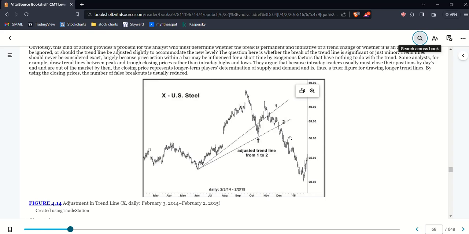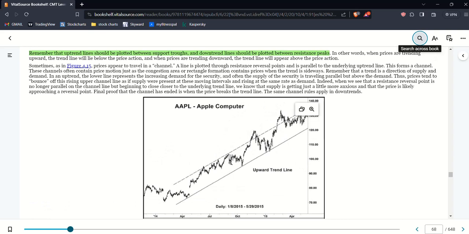Closing price represents longer term players, determination of supply and demand, and is thus a truer figure for drawing longer trend lines. Channels. Uptrend lines should be plotted between support troughs. An uptrend line is drawn between support troughs. Downward trend line should be plotted between resistance peaks.